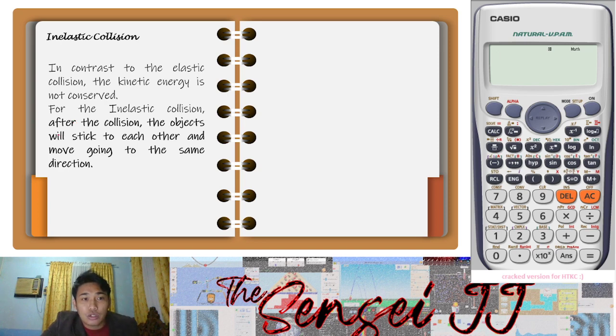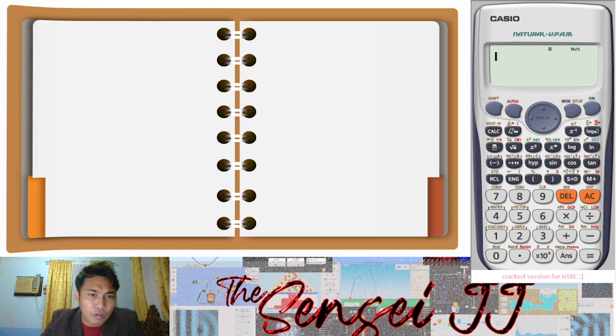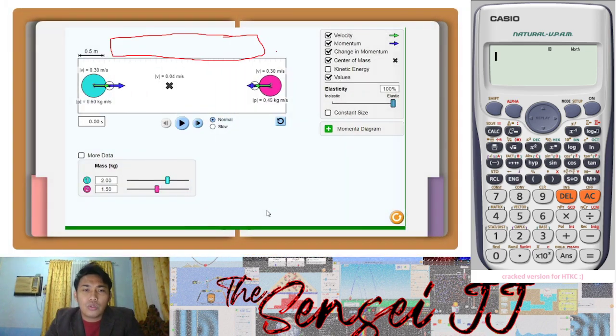For the inelastic collision, after the collision, the objects will stick to each other and move in the same direction. So you said that there will be change in direction? Yes, there will be change in direction in one of the objects because they will be both stuck to each other.